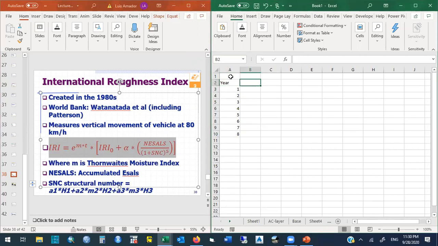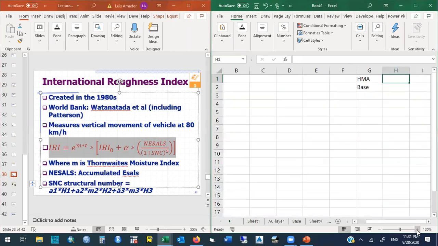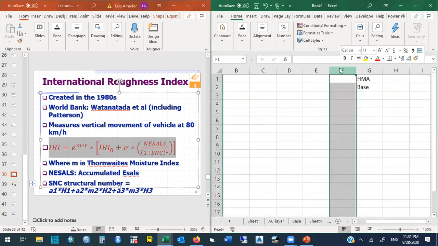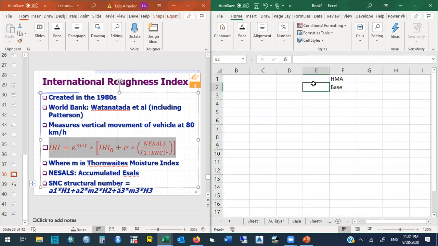And let me estimate my structural number here. So it's going to be hot mix asphalt layer and base. So let's have 2 layers. Let's have the first layer, why not, 6 inches. And the second layer, 10 inches. I think that's the example we used before.